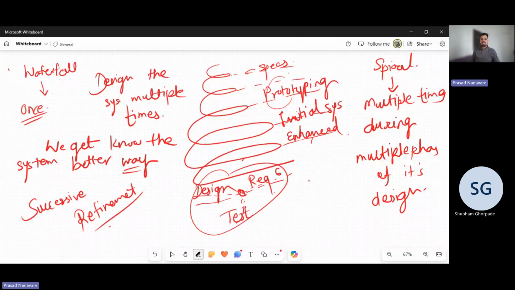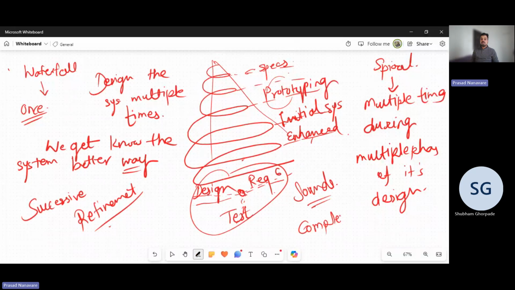One more important thing to talk about is that even though this sounds good, it looks good to us that I have a system designed multiple times, and the team knows the system in the best possible way, such things are really complex.